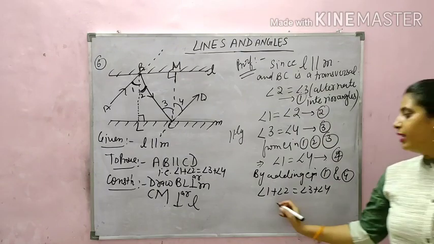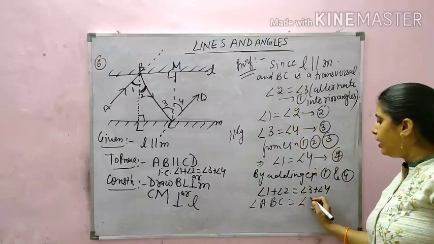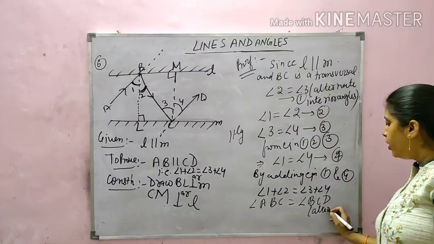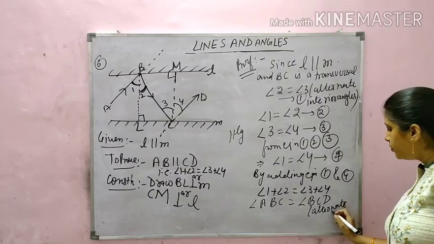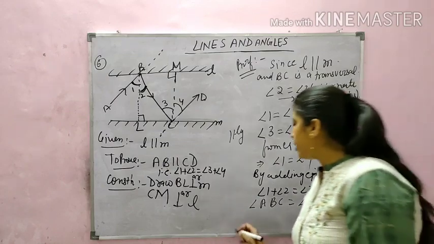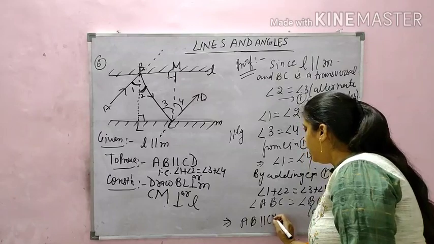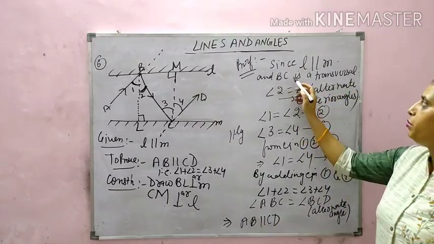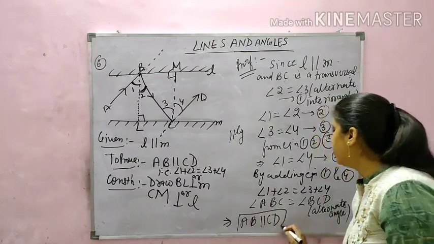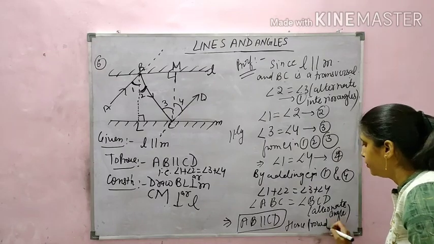Full angle means angle ABC equal to angle BCD, which acts like an alternate angle. और alternate angle कहाँ लाई करते हैं? parallel lines के बीच में, which implies that AB parallel CD. क्यों? क्योंकि BC किसका काम कर रही है? ट्रांसवर्सल का. Now hence proved.